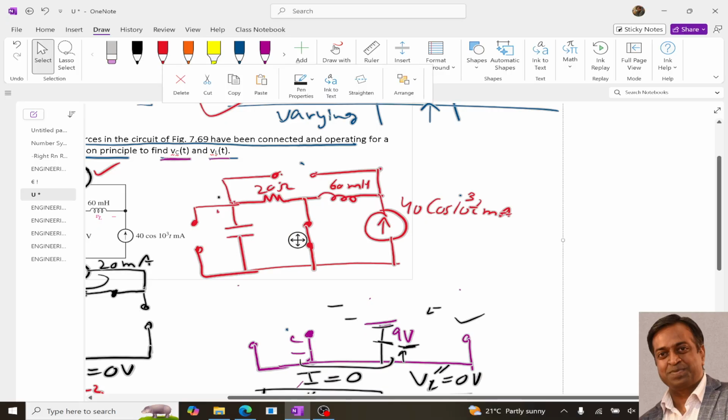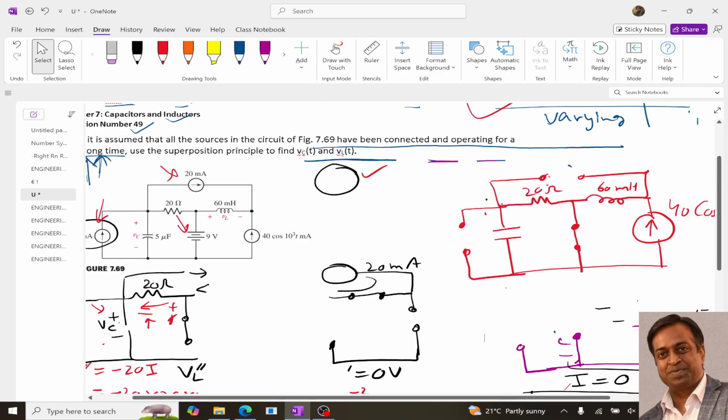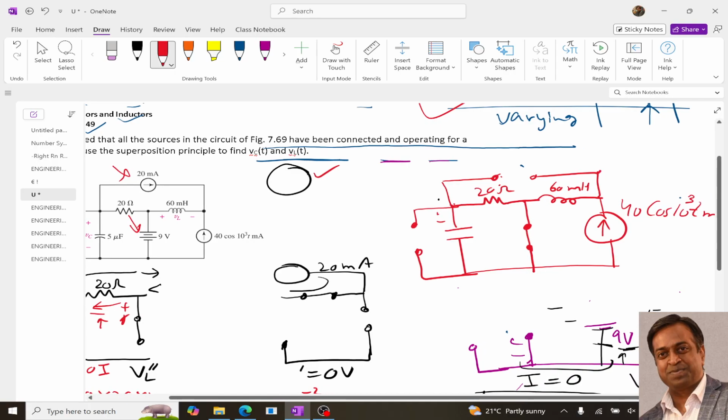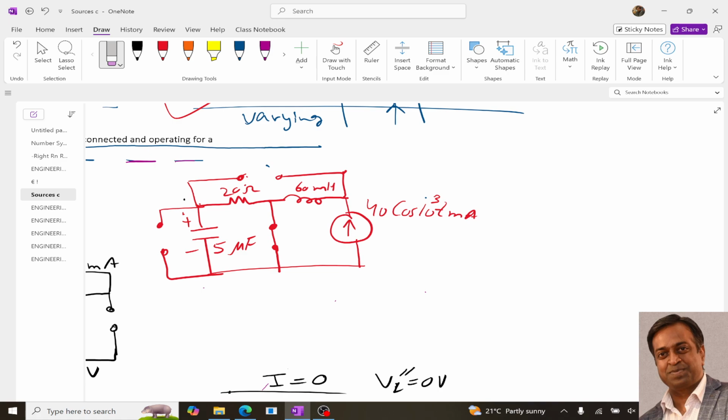And for this circuit, let me put the capacitor value also. It is 5 microfarad, right? Now for this particular circuit, we can remove this, just to give a better look to my circuit.